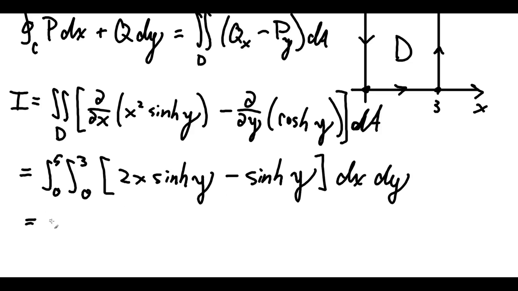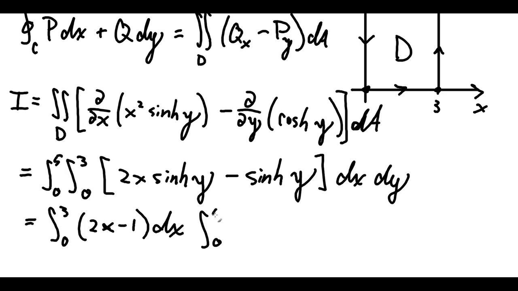And we're almost there, so let's go ahead and finish simplifying this. We have the integral from 0 to 3 of, again, if we factor out sinh y, we'll be left with 2x minus 1. And we can pull that out as a dx times the integral from 0 to 5 of sinh y dy.